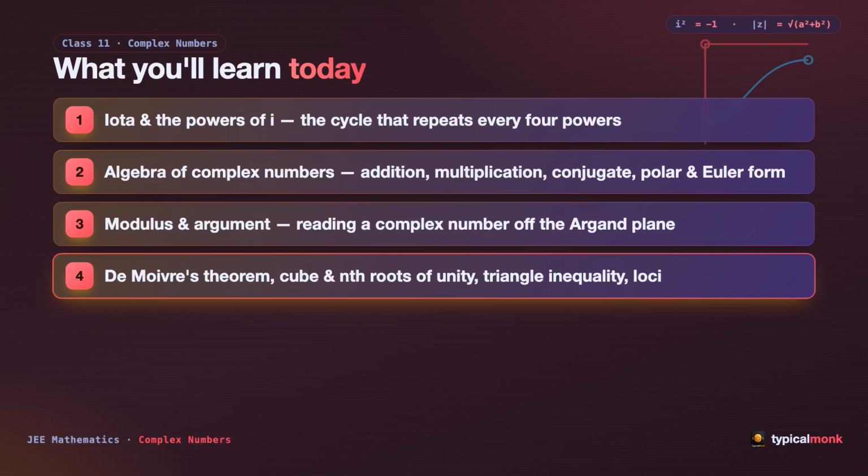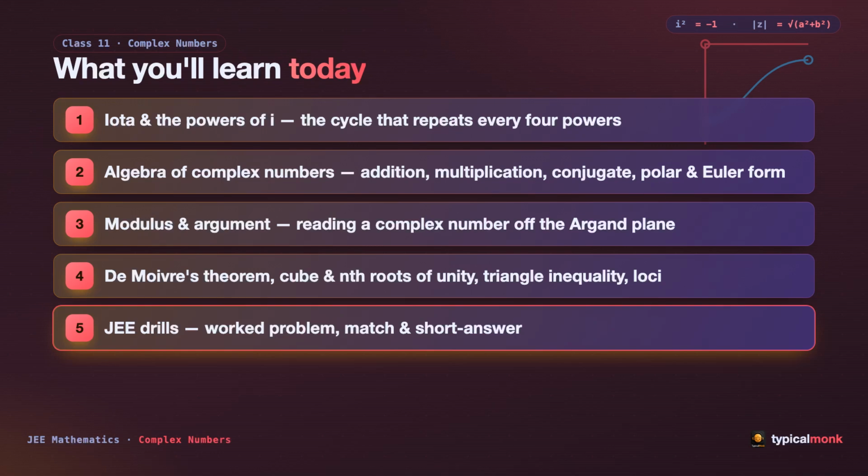Fourth, the De Moivre theorem, the cube roots of unity, the nth roots of unity, the triangle inequality and loci. And fifth, the JEE drills, a word problem, a match, and a short answer round. So everything you learn today, you can also score with. Ready? One idea at a time.